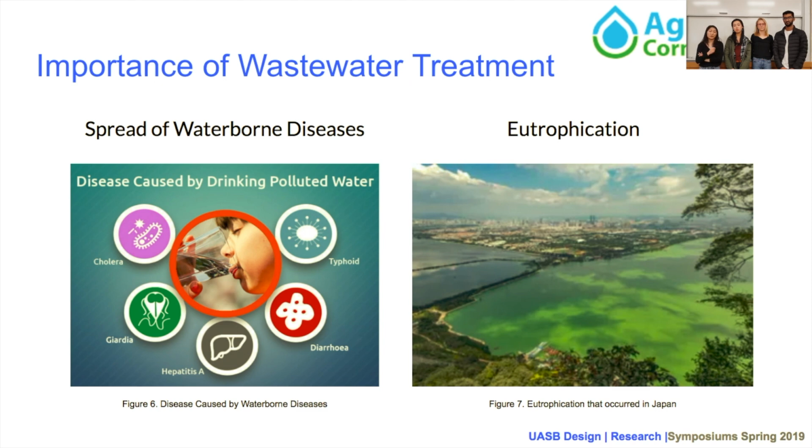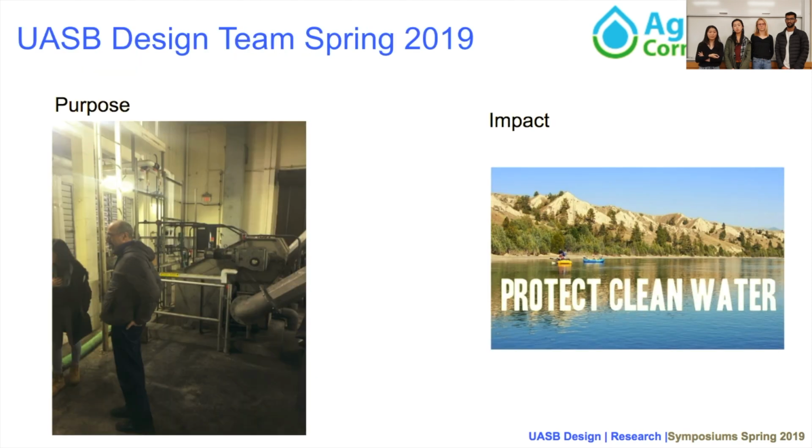Pathogens in the wastewater can destroy crop production and cause waterborne diseases such as cholera, diarrhea, and hepatitis A. Wastewater also contains organic decaying matter and nutrients such as phosphorus and nitrogen, which can cause eutrophication, which is the term for excess nutrients. This can cause algae blooms, which cause oxygen deprived conditions, which makes it harder to sustain aquaculture.